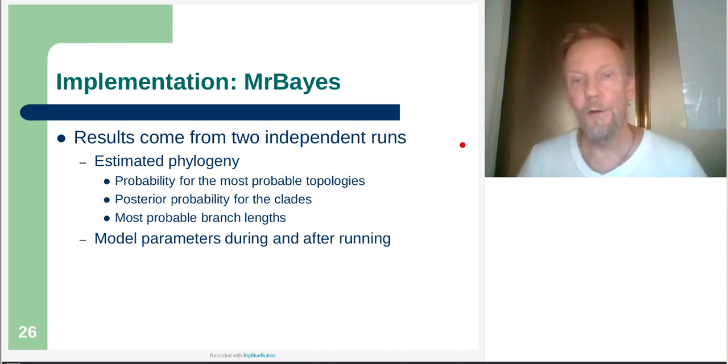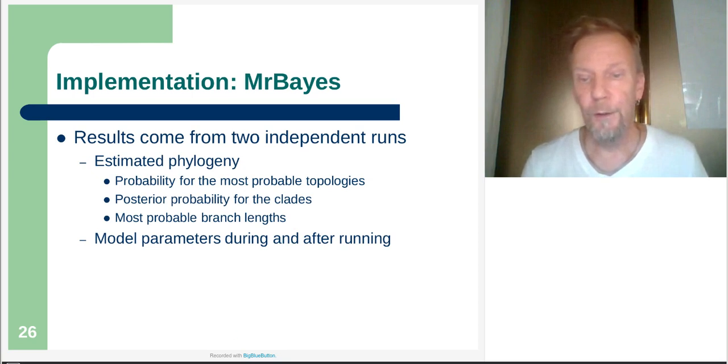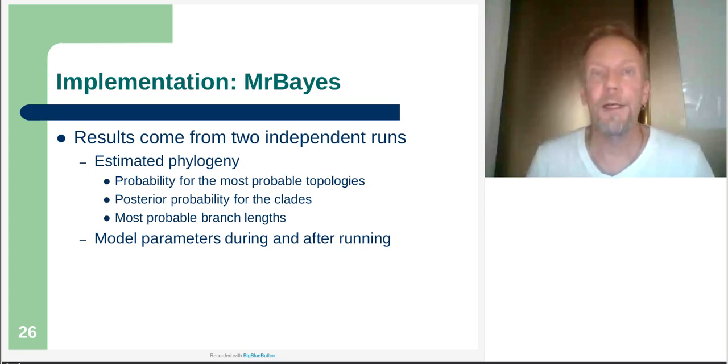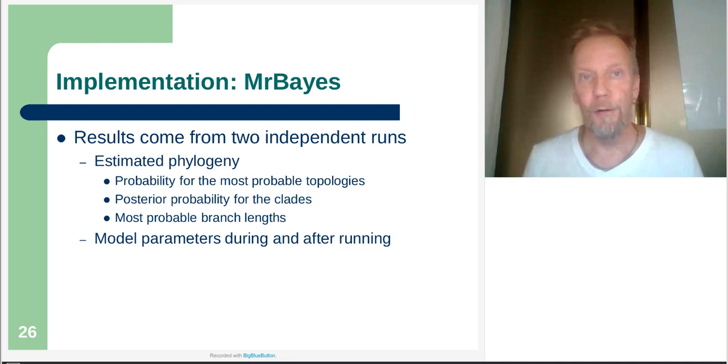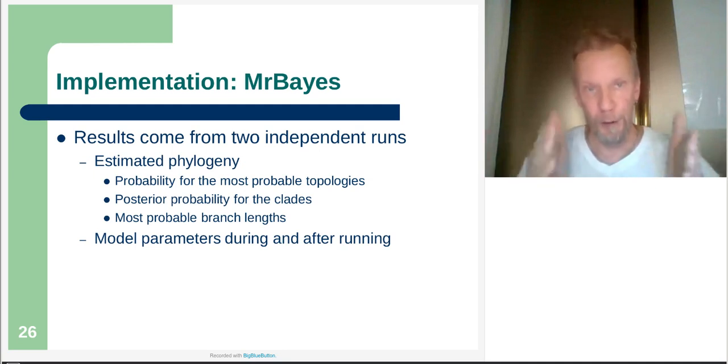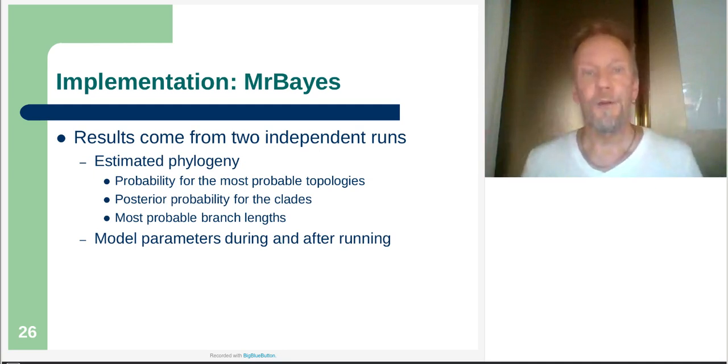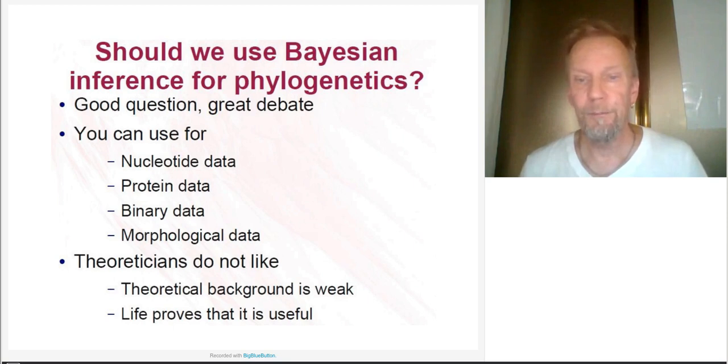I need to just record short demos of Mr. Bayes and Beast to get you to see how they work. And maybe if you need phylogenetic methods or really want to practice, you can learn more on your own. But this is just helping you with the first steps in your journey in phylogenetics, in Bayesian phylogenetics.